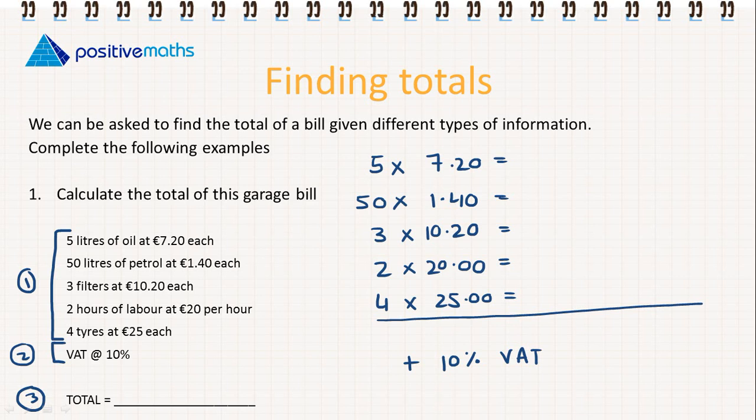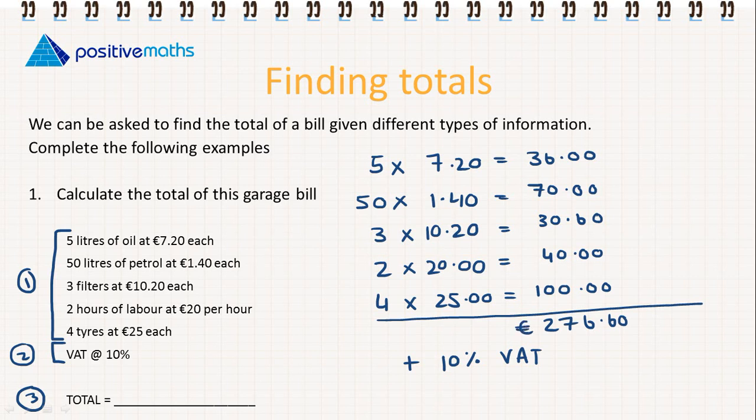So the total for the oil is going to be €36. The total for the petrol is going to be €70. Total for the filters, €30.60. Total for the labour is going to be €40, and the total for the tyres is going to be €100. When we add all of them up, we get $276.60.